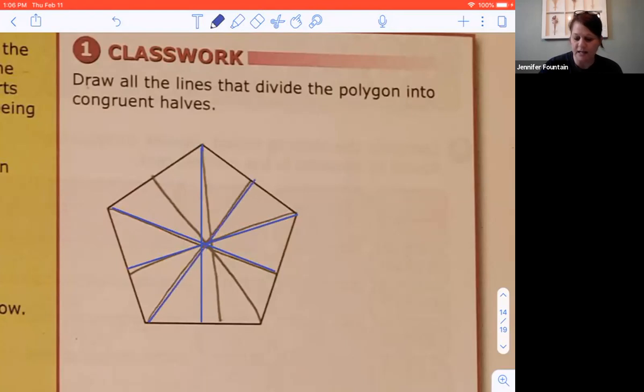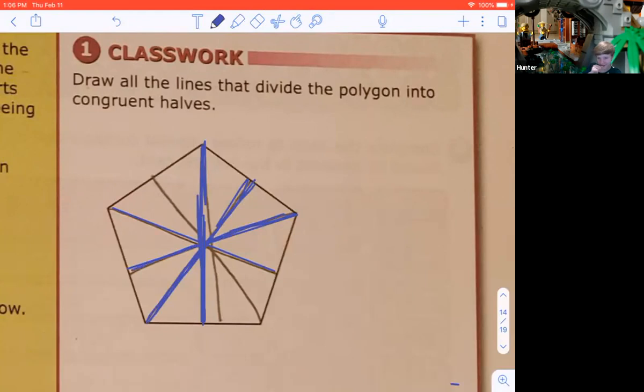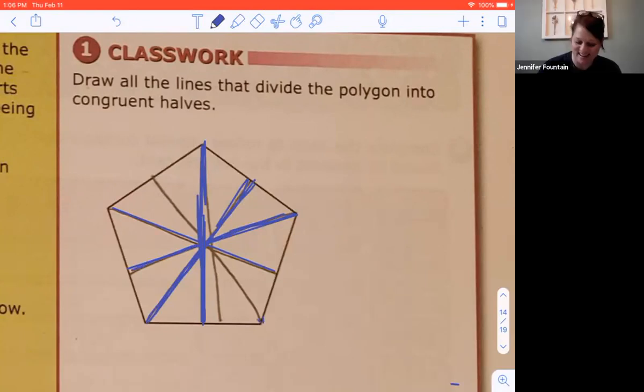And so I can see here that I've actually got 5 lines of symmetry because I have 5 vertices. Oh, and I forgot this one. I forgot to mark this one. Okay, so go ahead and draw yours if you haven't already. And you can see where I have those, I have 5 lines of symmetry there.